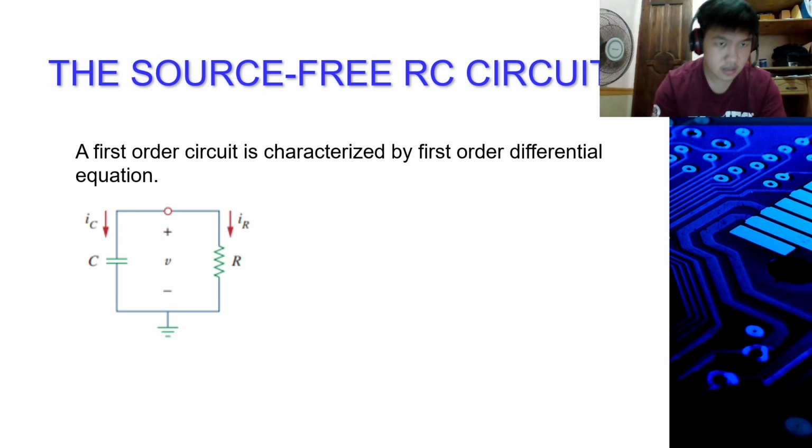As you can see, we have a circuit with a parallel combination of capacitor and resistor, with no other independent or DC source.